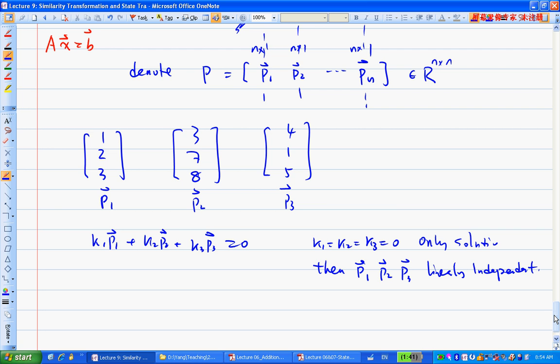So if these eigenvectors are linearly independent, then the P matrix is guaranteed to be invertible.